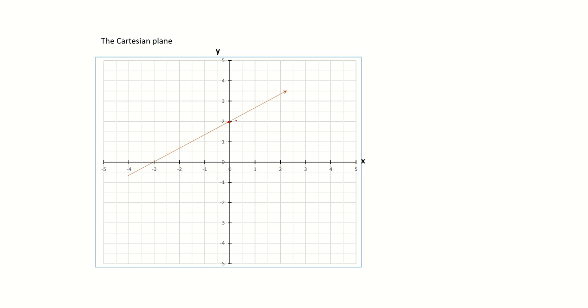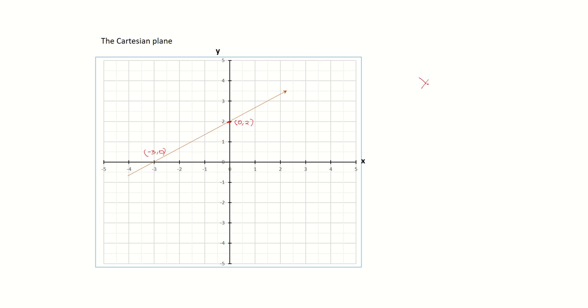We have the point with x coordinate 0 and y coordinate 2, and here we have that the x coordinate is -3 and the y coordinate is 0. So the question is, how do we find the equation of this line?